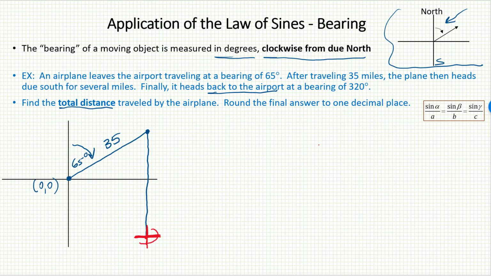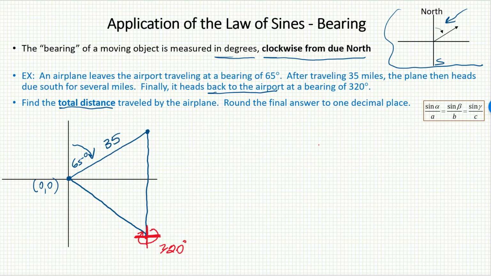So that would be something like this. It would be almost all the way around, just 40 degrees short of 360. And so my final bearing back to the airport looks like that. That red angle that we drew there is the 320, a 320 degree bearing measured clockwise from north.